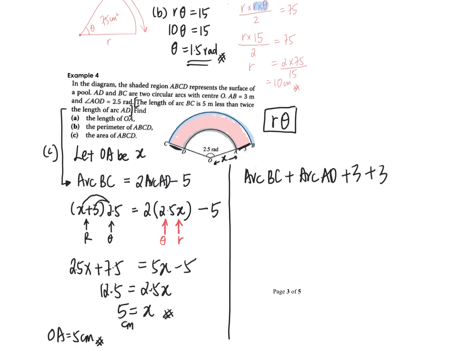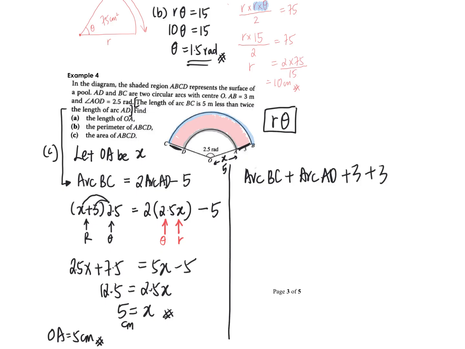Go and add these to find the perimeter. To find CD and AB, it's just CO minus DO. We already found your X is 5.